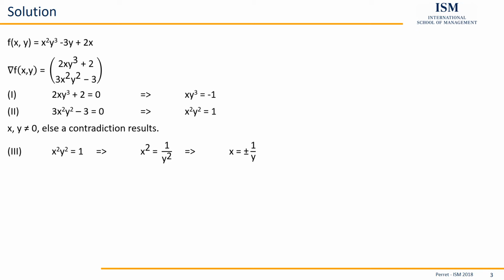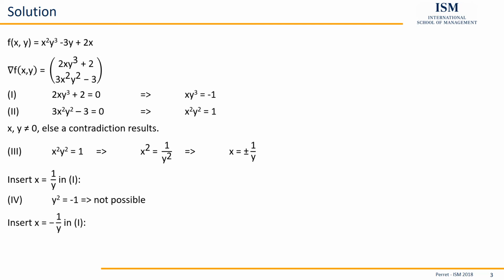With this as a result, we can insert x being equal to 1 divided by y, so the first case, in the first of our equations, giving us here, because they cancel out, y squared being equal to minus 1. Well, this is not possible, so we do not have to concern ourselves with this situation anymore.